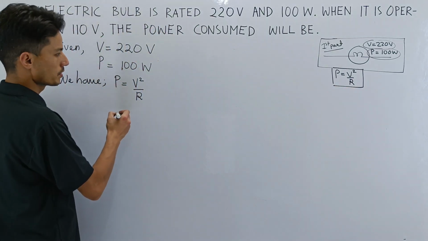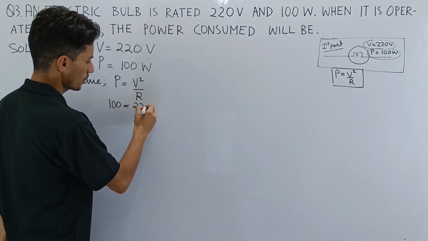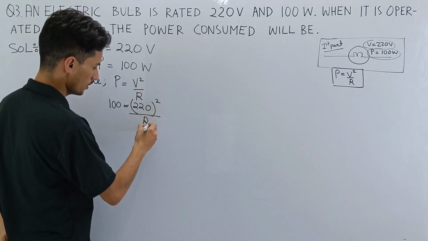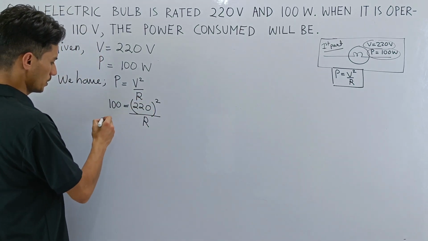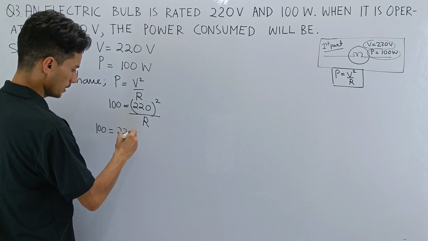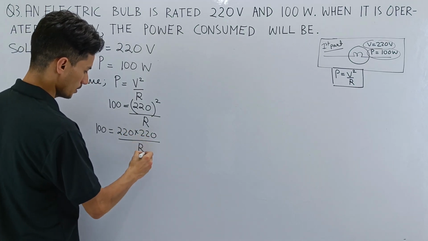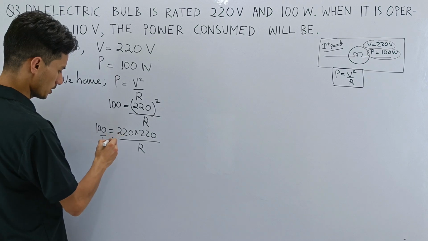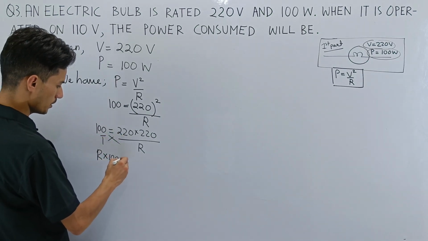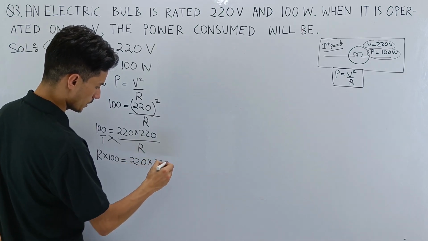So the power value is 100. Potential difference is 220 square, is it not? And you have divided by R. So 100 equals 220 into 220 divided by R. Go for cross multiplication, so you get R into 100 equals 220 into 220.